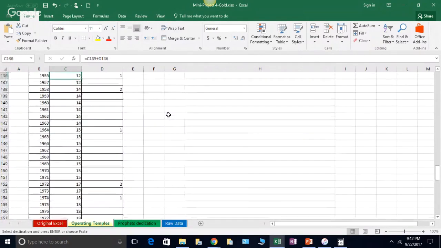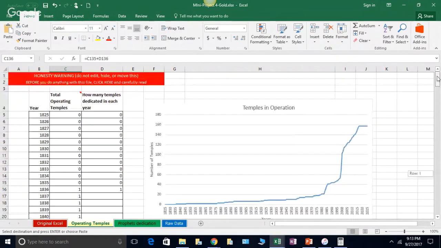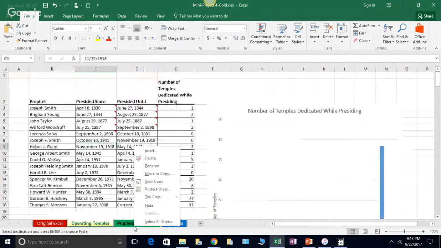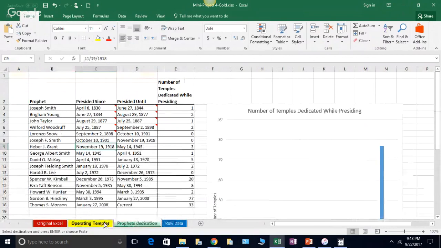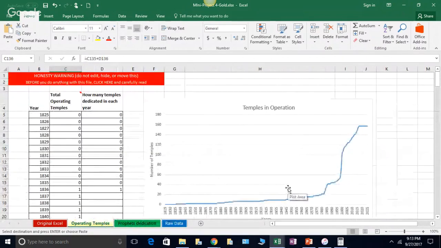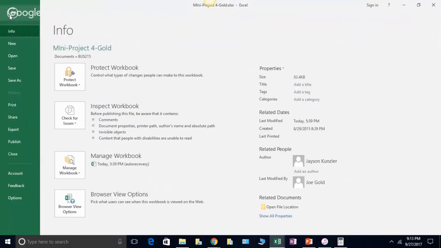Let's see what else. I just color coordinated the thing so that people can easily find it. When it came to the actual graphs, I chose line graphs for the temple operating, because it was the best one for cumulative temples. And so what I would do is I would go in here. Oh, sorry, my bad. Let's go back.